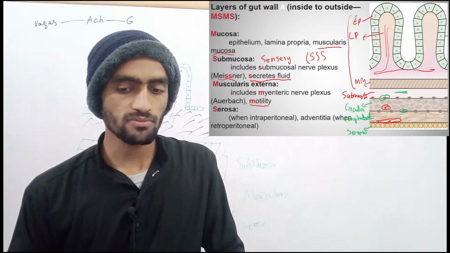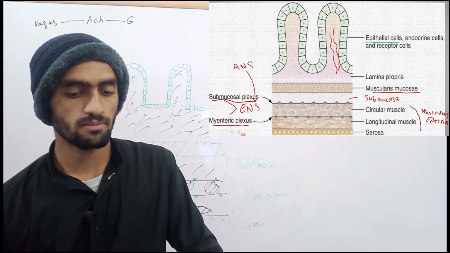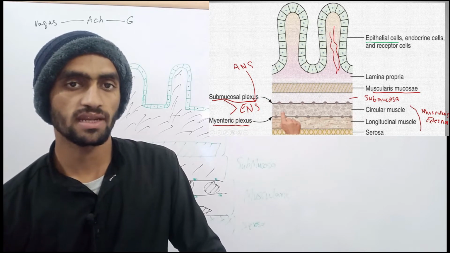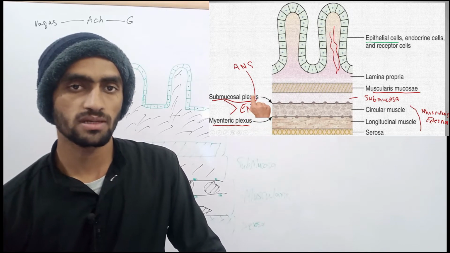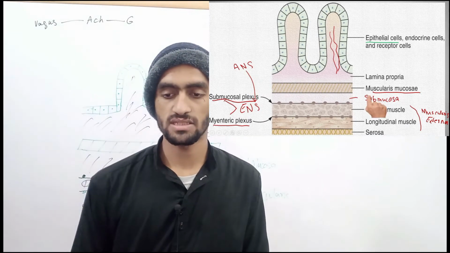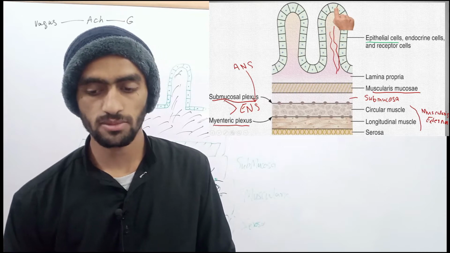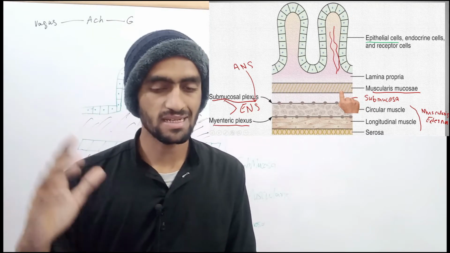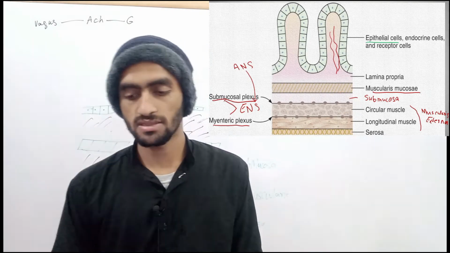So in this diagram you can see the submucosal plexus and myenteric plexus; these two types of plexus form the ENS, enteric nervous system, which is controlled by the autonomic nervous system. And we can see this is your mucosa, which includes epithelium, lamina propria, and muscularis mucosa, its sublayers.